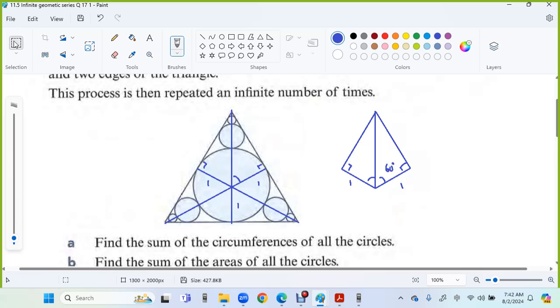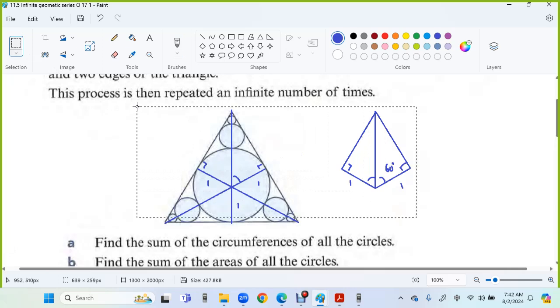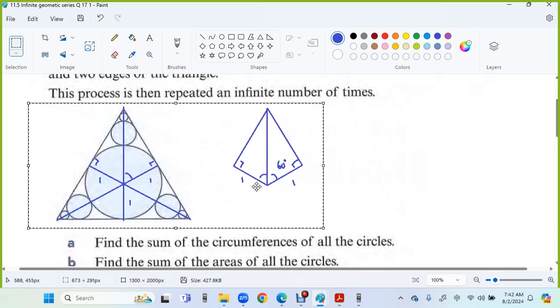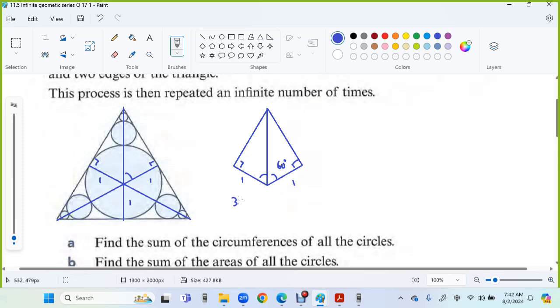Why it is 60 degrees is because we have 360 degrees divided by 6, which is 60 degrees. So for this right angle triangle, we want to find this one. This is the hypotenuse and this is the adjacent, so we use cos.